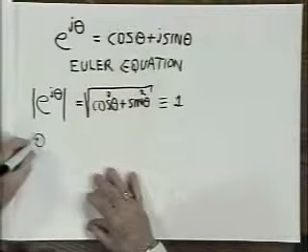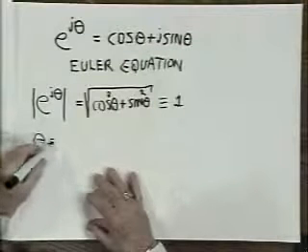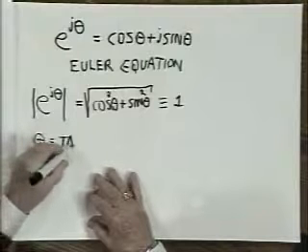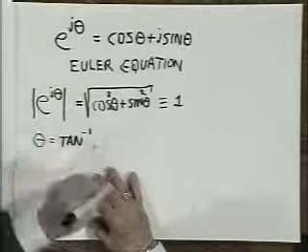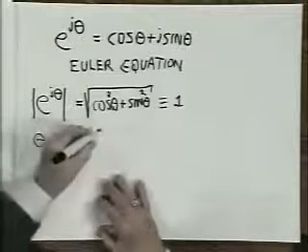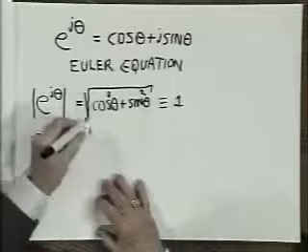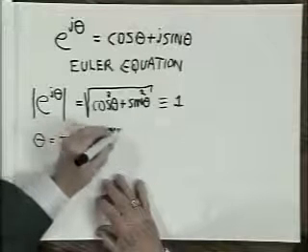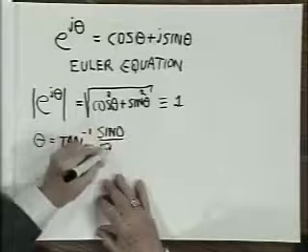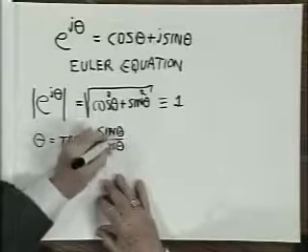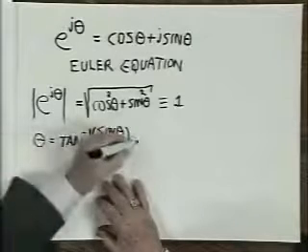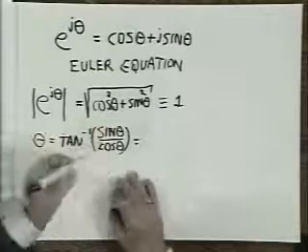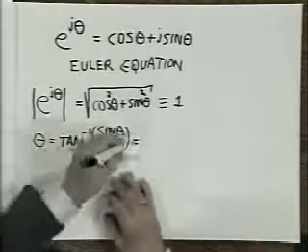The angle of e to the j theta is the angle which is the inverse tangent of the imaginary part over the real part. So it's the angle which is the inverse tangent of sine theta divided by cosine theta. And that is the identity, if you will, theta.